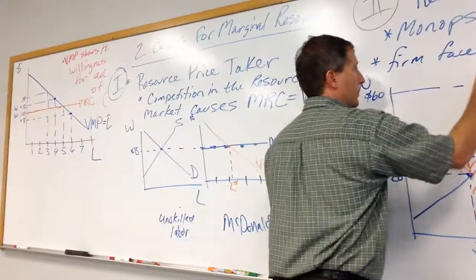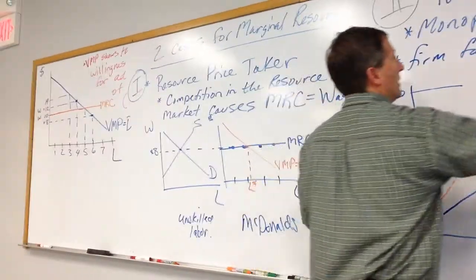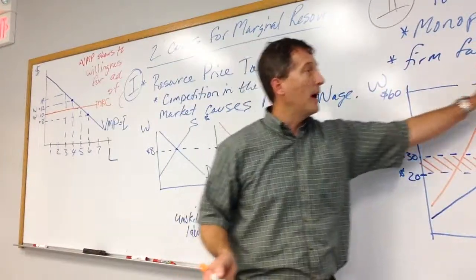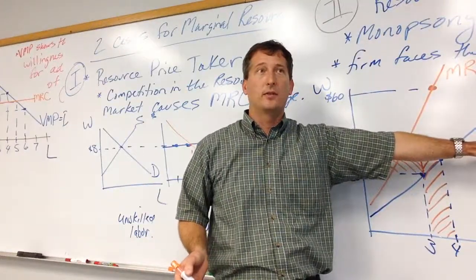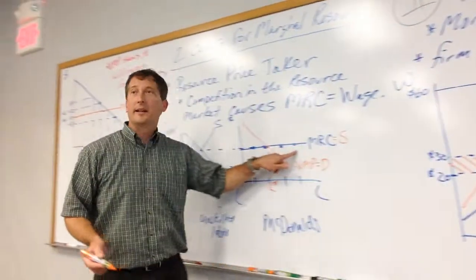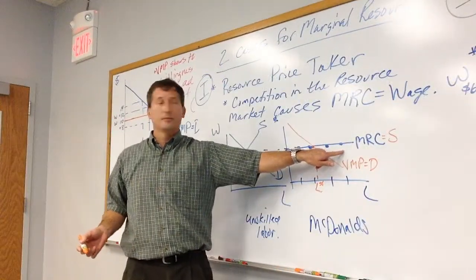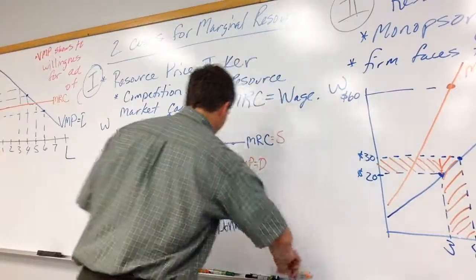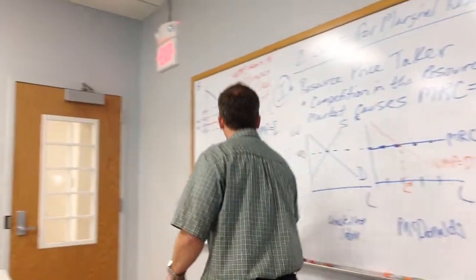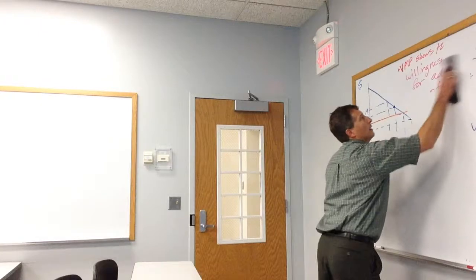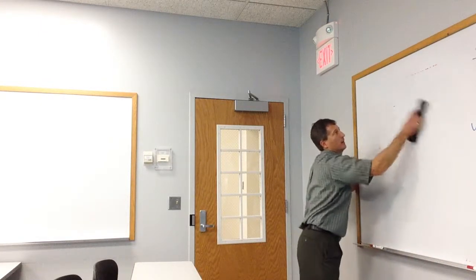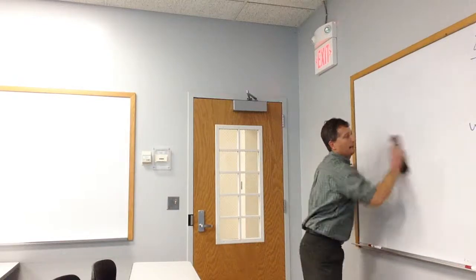And so the marginal resource cost curve is upward sloping and lies above the supply curve. They're not one and the same. Questions on that?